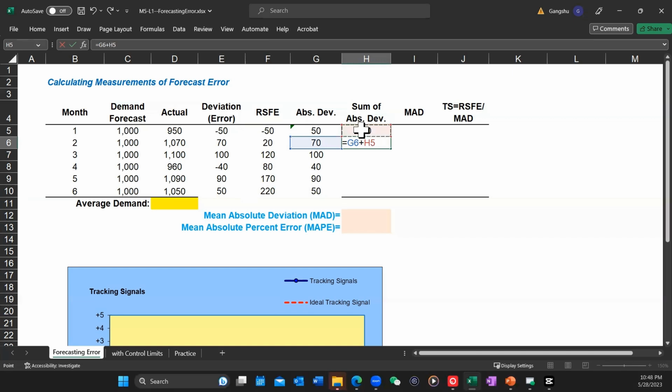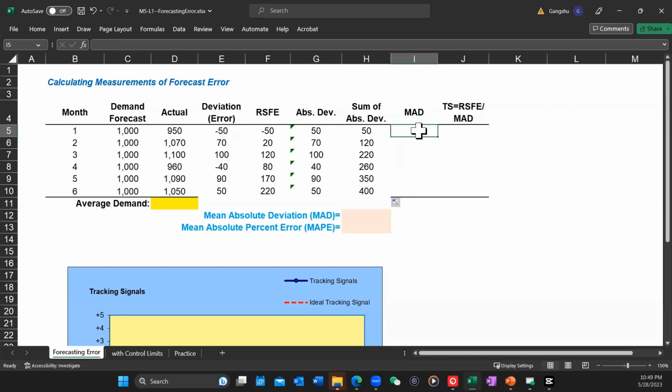And we say yes to get the second data point for the sum of absolute deviation. And we pull the data point down to fill all cells. And this will be the sum of absolute deviation at the end of each month.